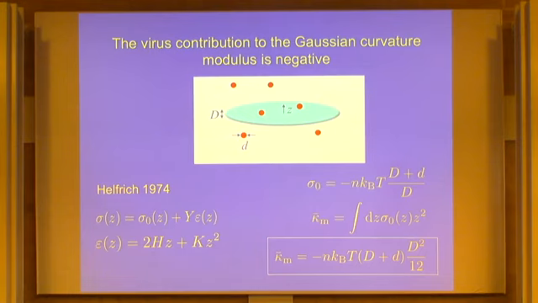So there are two contributions. There's one contribution which we could call an intrinsic contribution. Just like if you take a solid plate and you bend it a little bit, you could calculate what the Gaussian curvature modulus is. It's in Landau and Lifshitz, and for a solid plate, it turns out to be negative.